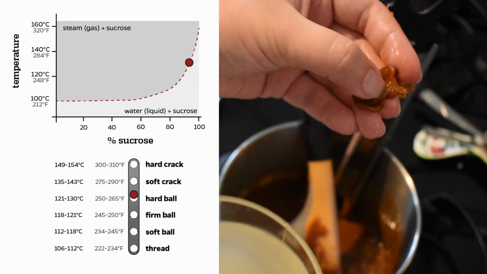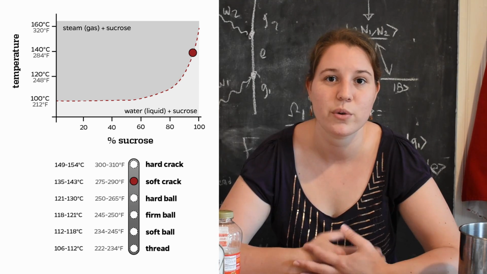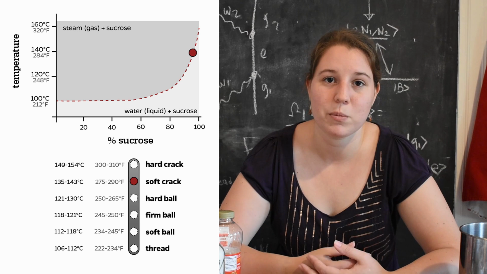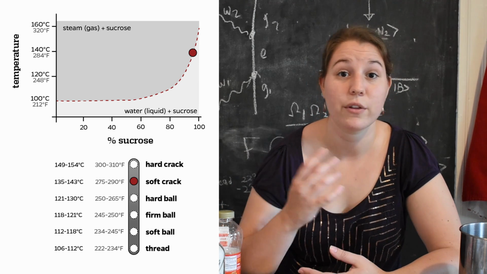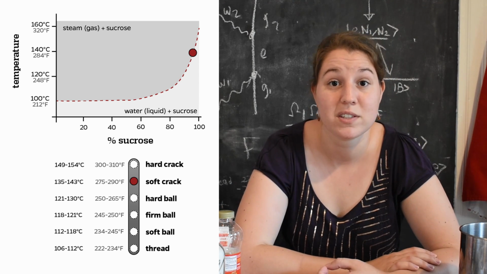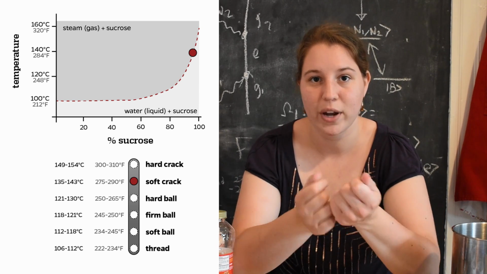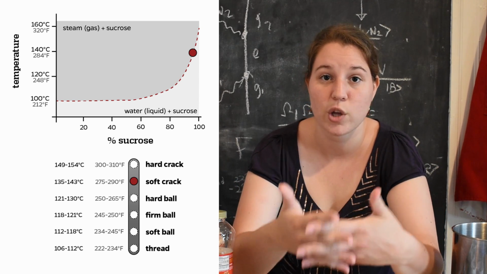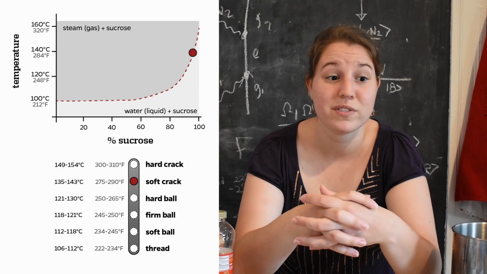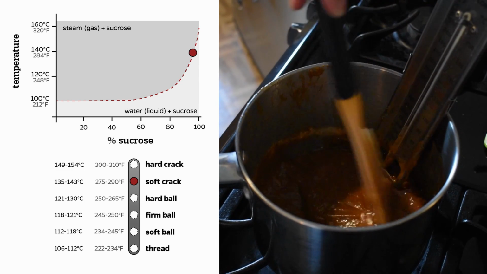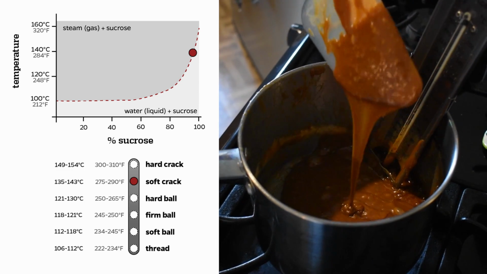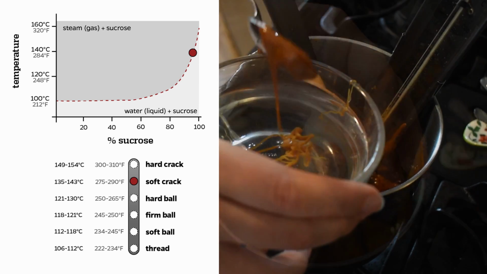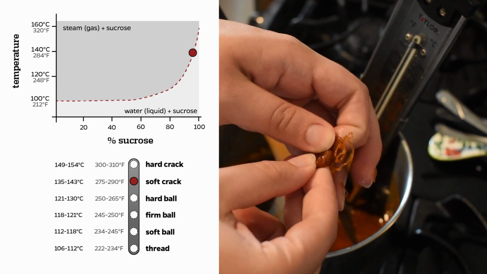The next stage is one of the stages known as a crack stage. This is when the caramel stops making balls and starts making threads again when dropped in water, but this time where caramel will actually break at room temperature instead of being soft and bendable. The first of these stages is known as the soft crack stage. You can see that this forms strands that are still a little bit bendy but mostly firm and will break.